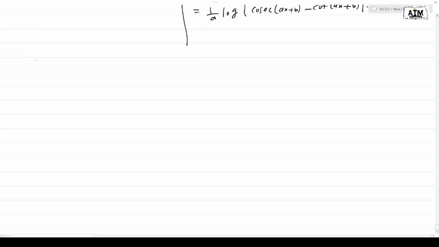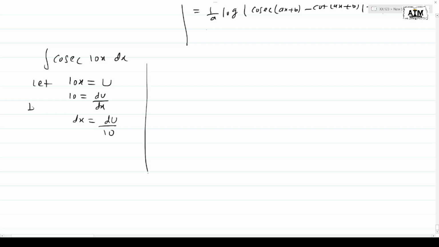Suppose we want to find the integration of cosec of tan x with respect to x. Then what you can do is let tan x equal u, then the derivative of tan x equals du by dx, then dx equals du upon 10. This is step number 1.